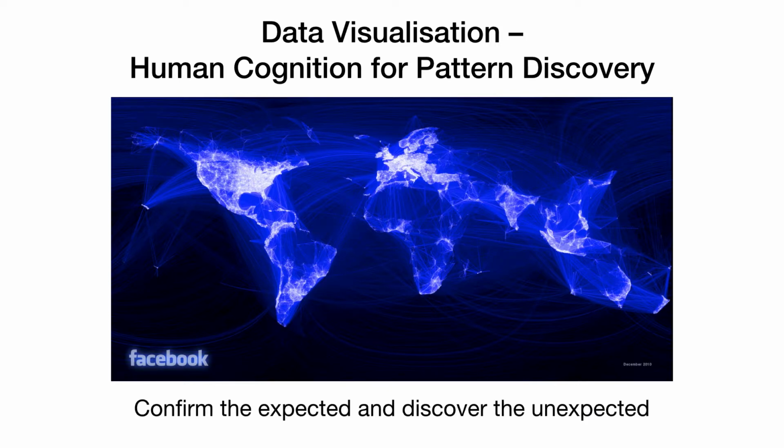So this is an example of what data visualization can do. First, confirm the expected, to make sure data are roughly as you expected, but also discover the unexpected, revealing some new patterns or anomalies in the data, which usually leads to interesting findings.